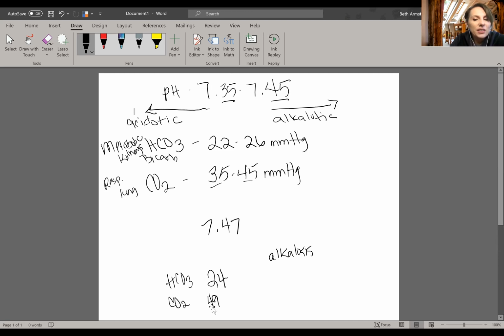Whoever is the issue is going to be the problem. But we first look at our bicarb, okay? Since it's respiratory, it becomes respiratory alkalosis.